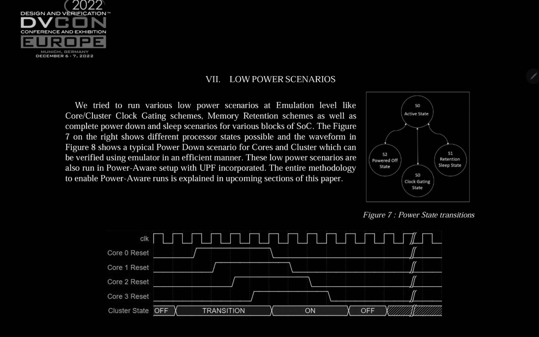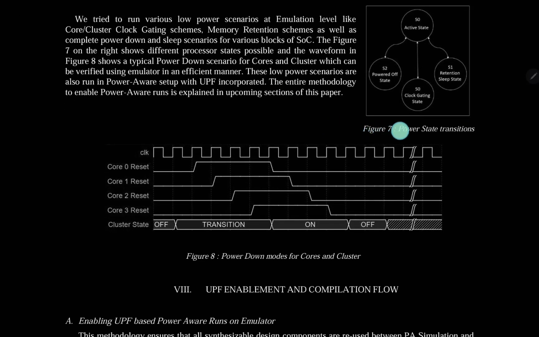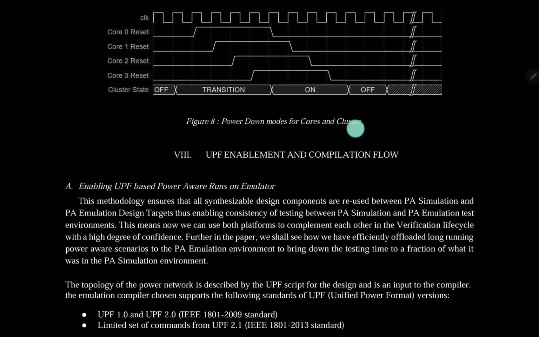These low power scenarios are also in a power-aware setup with the UPF incorporated. The entire methodology to enable the power-aware runs is explained in upcoming sections of this paper. Figure 7 is power state transition. Figure 8 is power down mode for the cores and cluster.